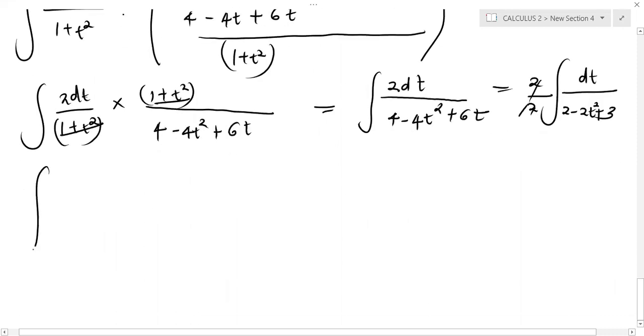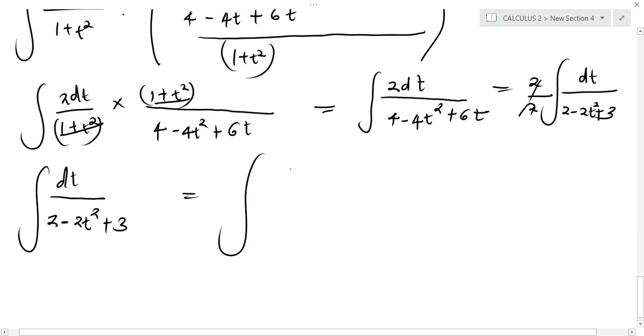So we are evaluating the integral of dt over 2 minus 2t squared plus 3t. I want to write it this way.